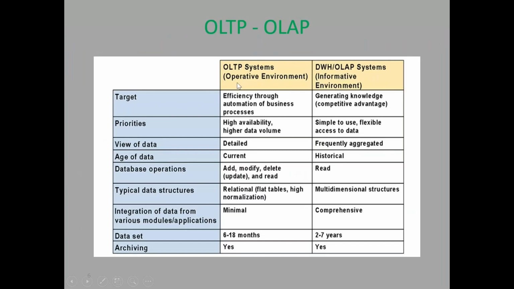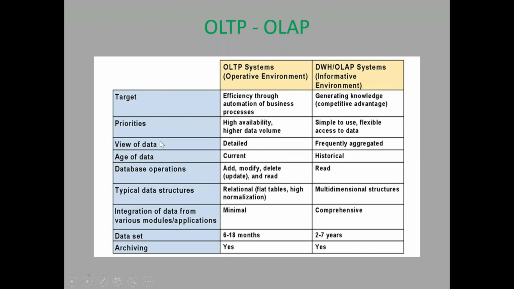Look at this when you want to see some differences. The target is efficiency through automation of business processes. The priorities here are high availability, higher data volume, simplicity of use, and flexible access to the data.